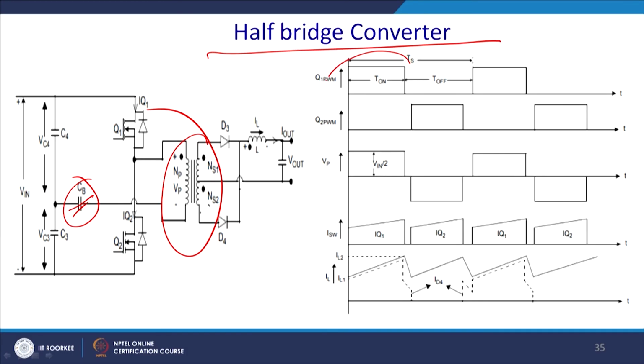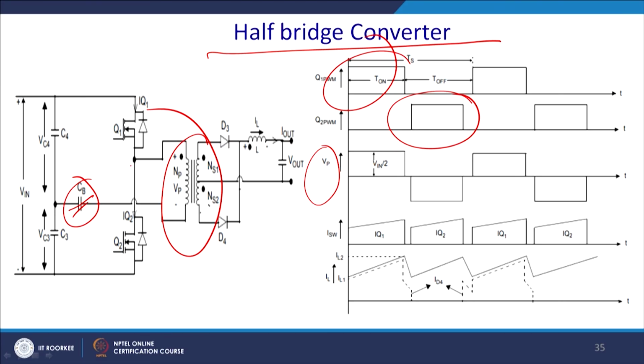So these are the pulses for switch Q1, and these are the pulses for switch Q2. You can see this is the primary voltage across the transformer, Vp, which is half of the DC link voltage.